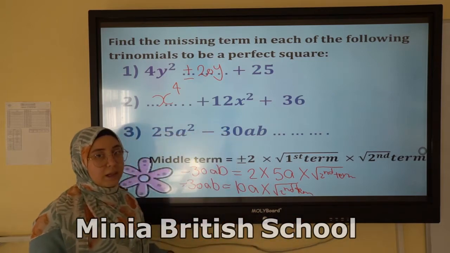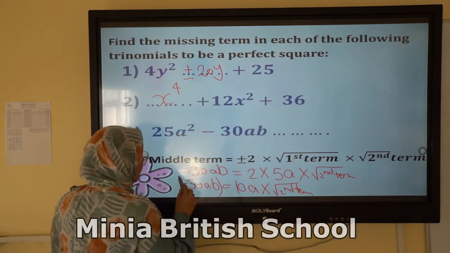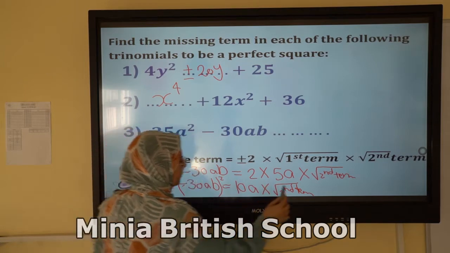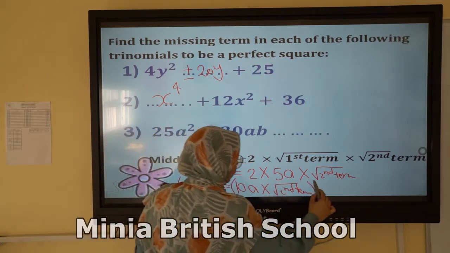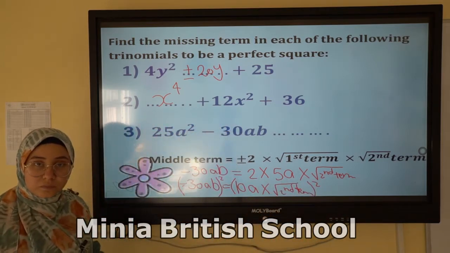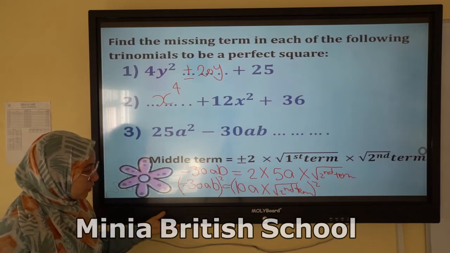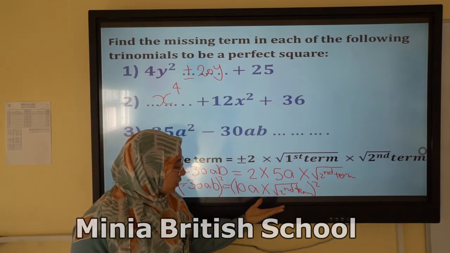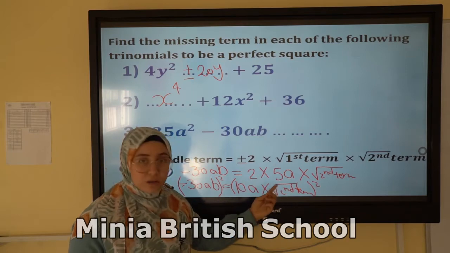Now, second step, square both sides, okay? Because we don't want this root.